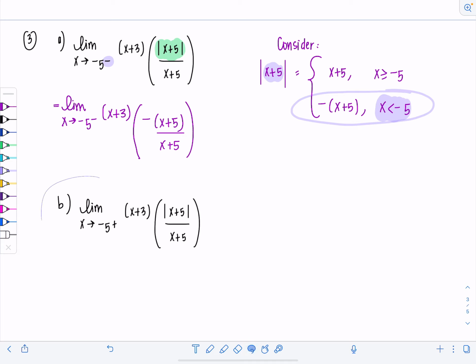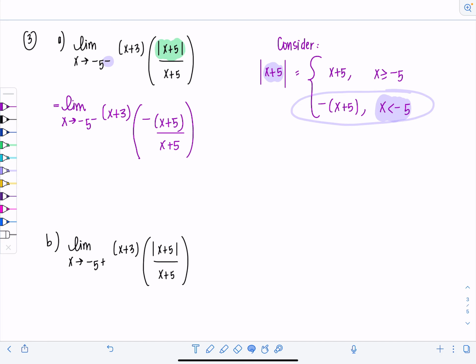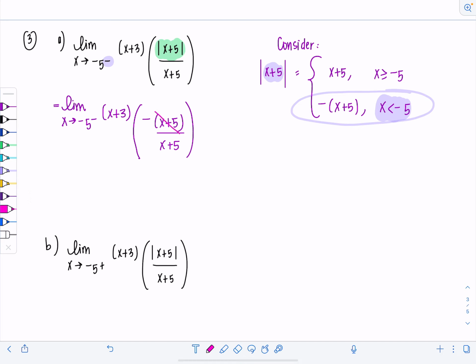Good. Then from here, we can simplify a bit, so we can take that limit. So notice I can cancel out x plus 5. And then now I have the limit as x approaches -5 from the left. Let's put this negative that's right here just outside so we don't lose track of it. Okay, it looks so strange smushed in there.